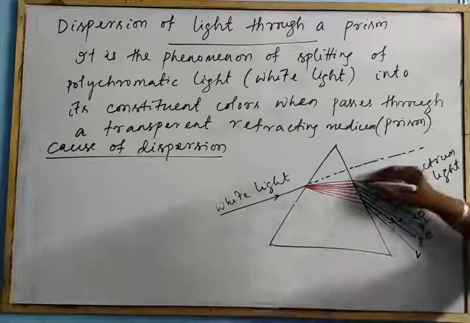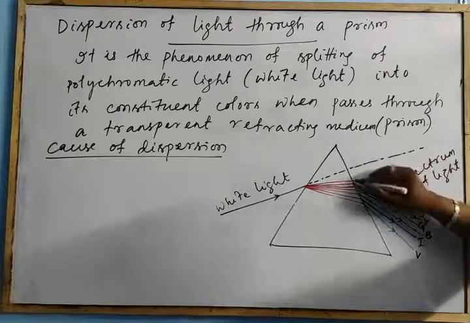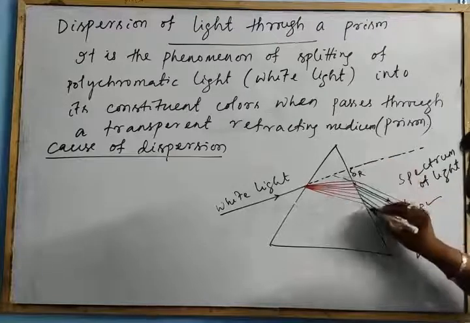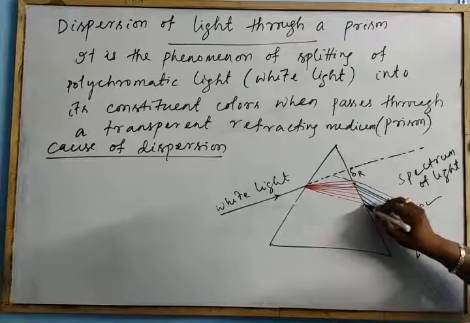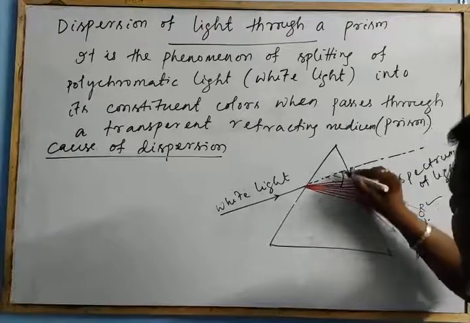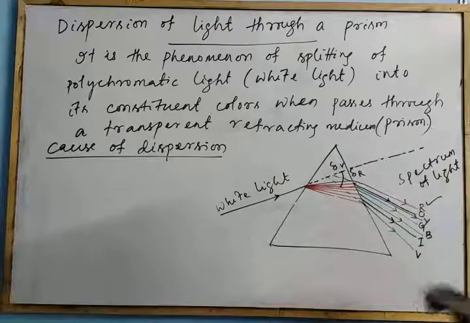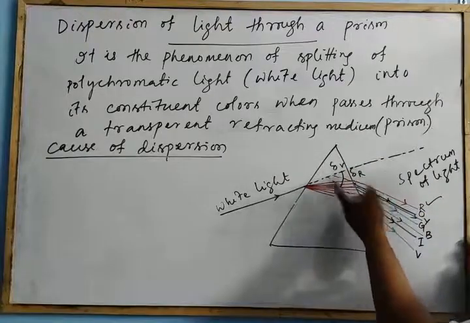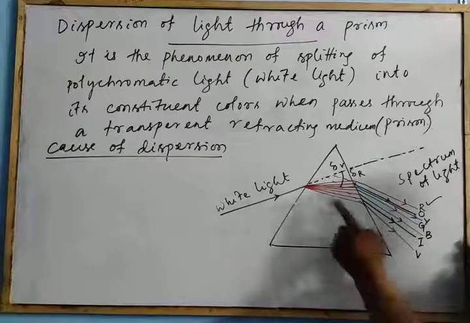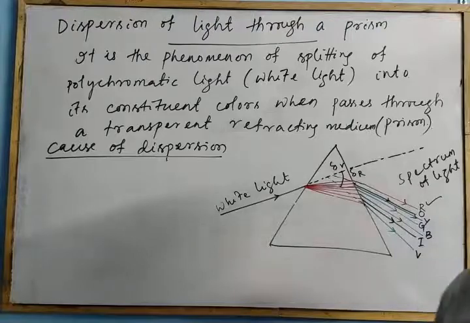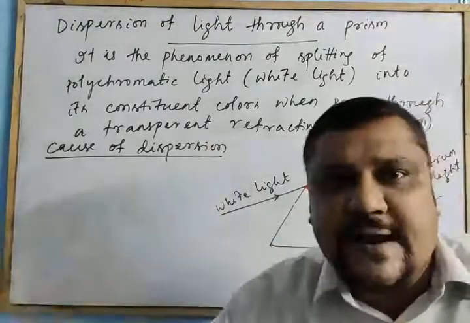Suppose this is the red case, this red has a deviation delta R, and for this violet it has a deviation like this, delta B. Means the angle of deviation, with this being the incident ray, is different for different colors as it passes through the prism. The angle of deviation is different, so we are getting different colors.